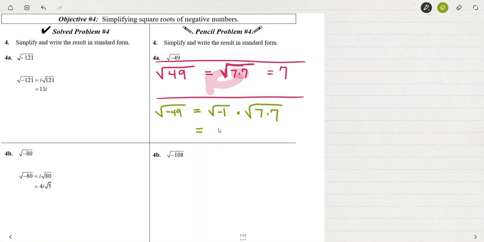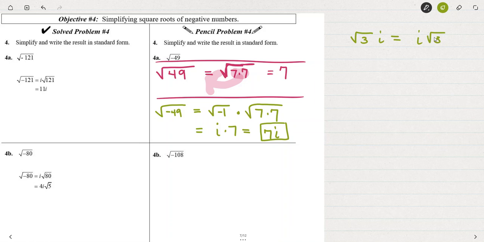So this is an i times 7. In proper format, we're going to put the 7 first. Remember when we had a radical like the square root of 3 times i, we wrote it as i times the square root of 3. But otherwise, we'd always put the coefficient, the 7, first.